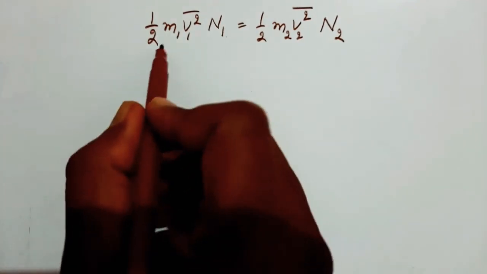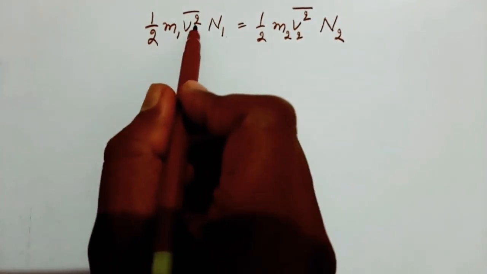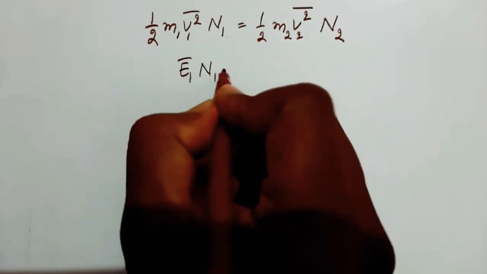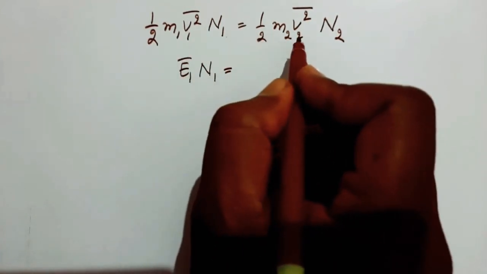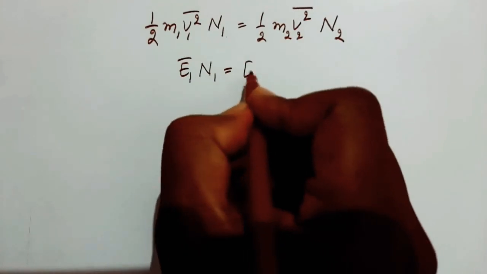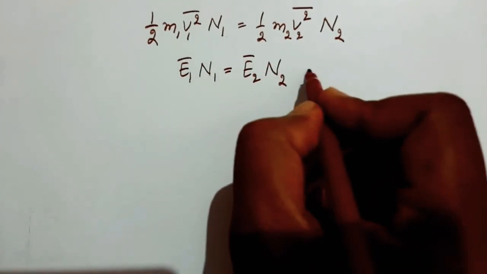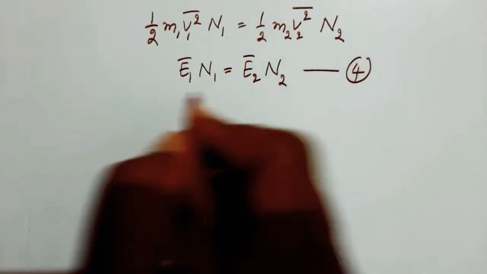Here 1 by 2 m1 v1 square bar is E1 bar into n1, and 1 by 2 m2 v2 square bar is E2 bar into n2. Let us take this as the sixth equation.